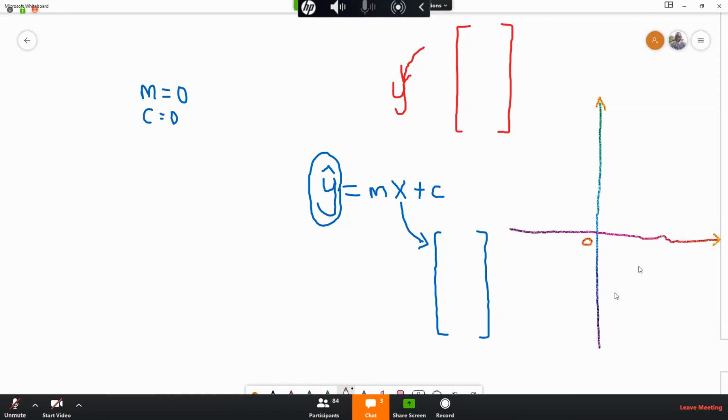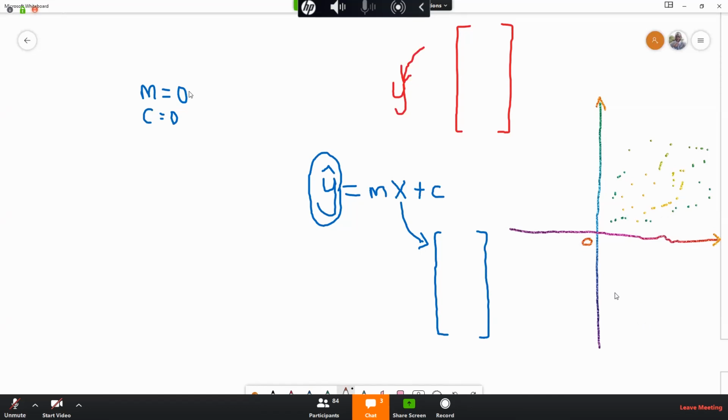So when we start, this is just an example. Okay, fine. So how does this line look like?